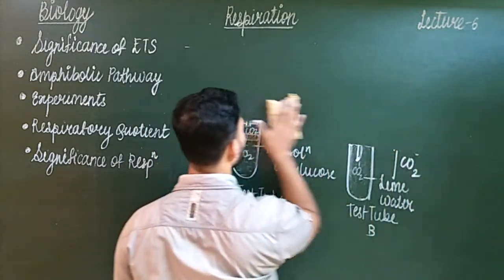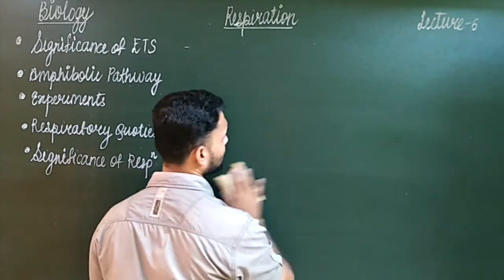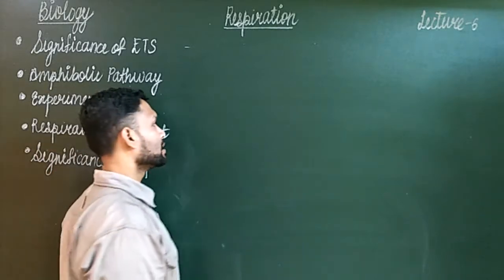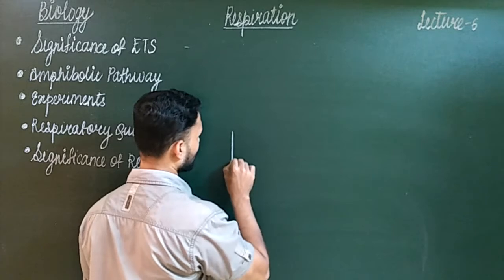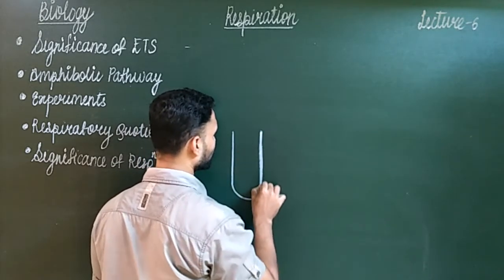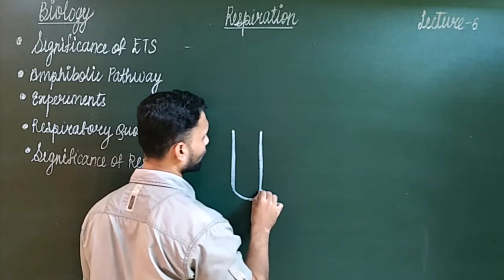Now the second experiment is also the same, to prove that anaerobic respiration takes place in germinating seeds. So what they have done initially is, they have taken a test tube and filled it with a few germinating seeds whose seed coats have been removed.